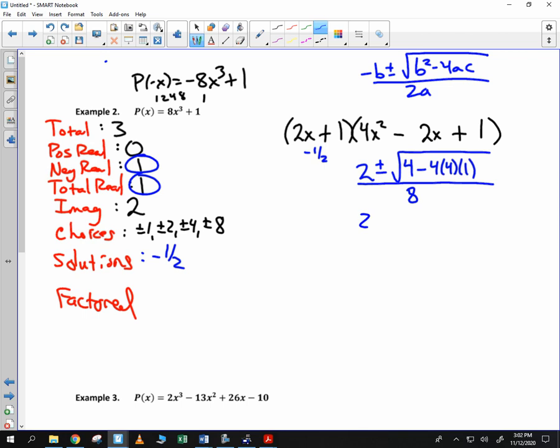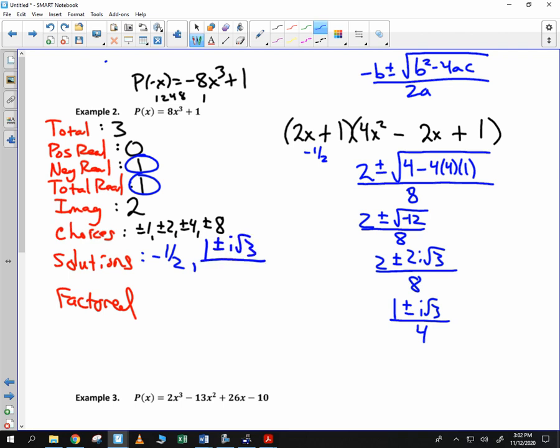So I have 2 plus or minus the square root of 4 minus 16, which is negative 12, over 8. 2 plus or minus 2i roots of 3 over 8, divided through by 2, is 1 plus or minus i roots of 3 over 4. And so your other 2 solutions are 1 plus or minus i roots of 3, all over 4.